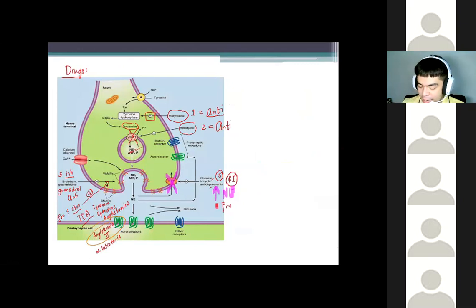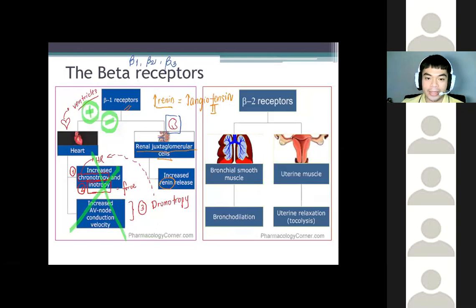So ang effect niyan is pag marami tayong angiotensin 2, greater sympathetic effect causing increased blood pressure. So yan ang effect ng renin. Dumarami ang angiotensin 2, increasing BP. So taken all together, tapos na po tayo sa beta-1 receptors. Take note, heart and kidneys.